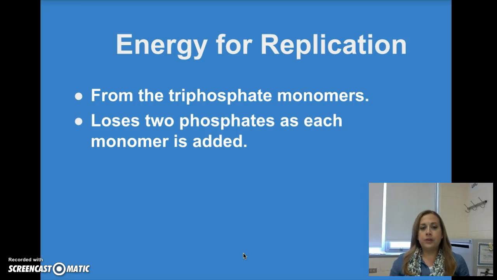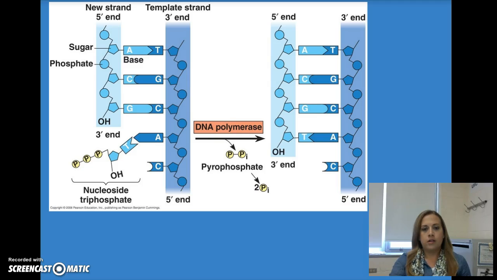Now, because you're building a molecule, you're going to need energy for this to happen. And so the energy is actually going to come from these triphosphate monomers. They're going to lose 2 phosphates as each monomer is added. What that means is you have your triphosphate nucleoside monomer right here.